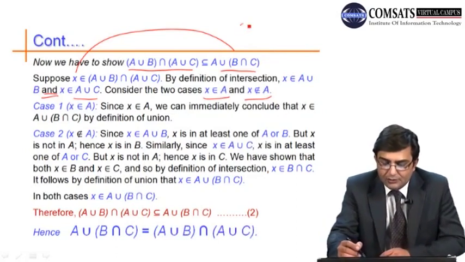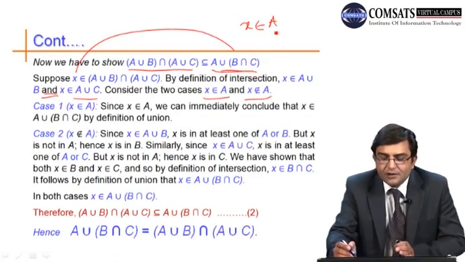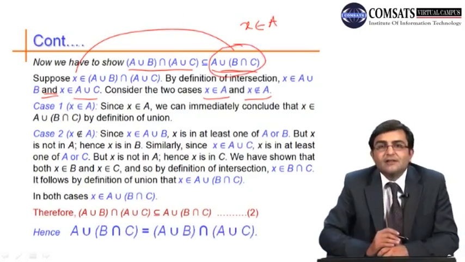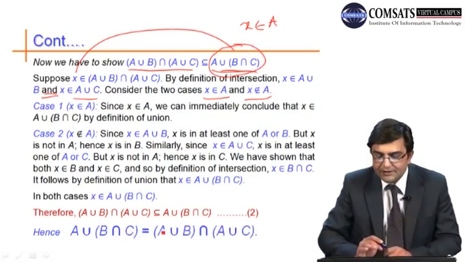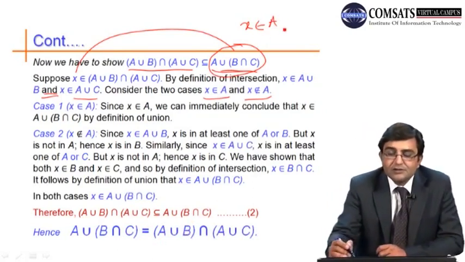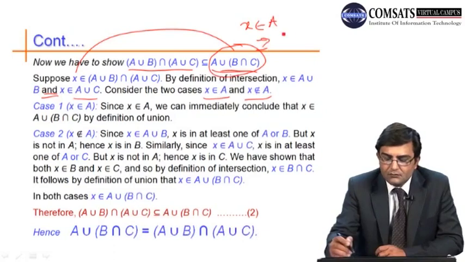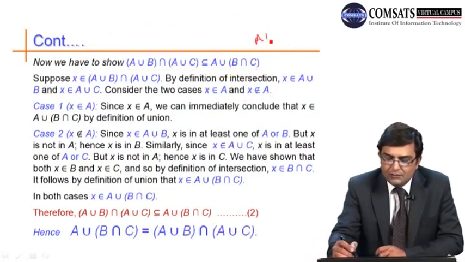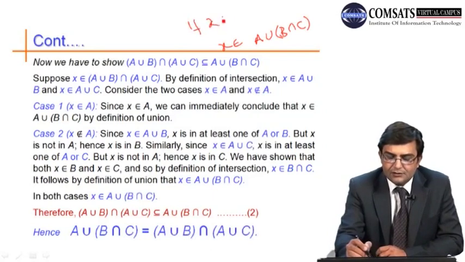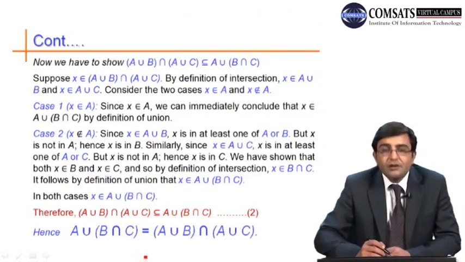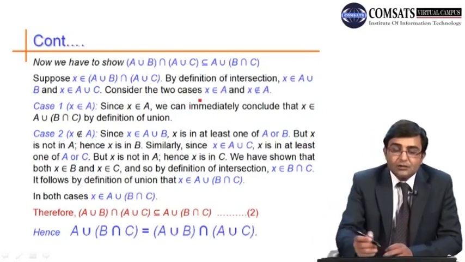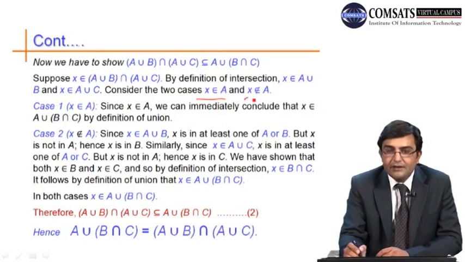If X belongs to A, then X belongs to the whole set A union B intersection C, because there is a union between A and B intersection C. So X belongs to this set if X belongs to A. That's why we consider the two cases, if X belongs to A and if X doesn't belong to A.